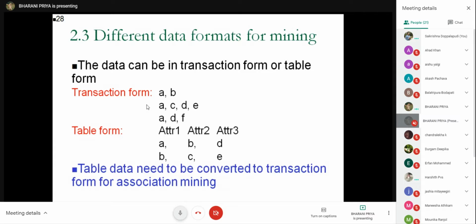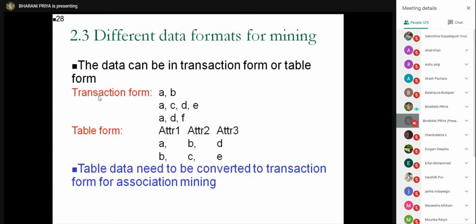Okay, right. I'll tell you. Very good attempt. Take all the transactional items as column names. A is a column name, B is a column name, C is a column name, E is a column name. These are the items that are getting repeated. So take all the unique items as column names.